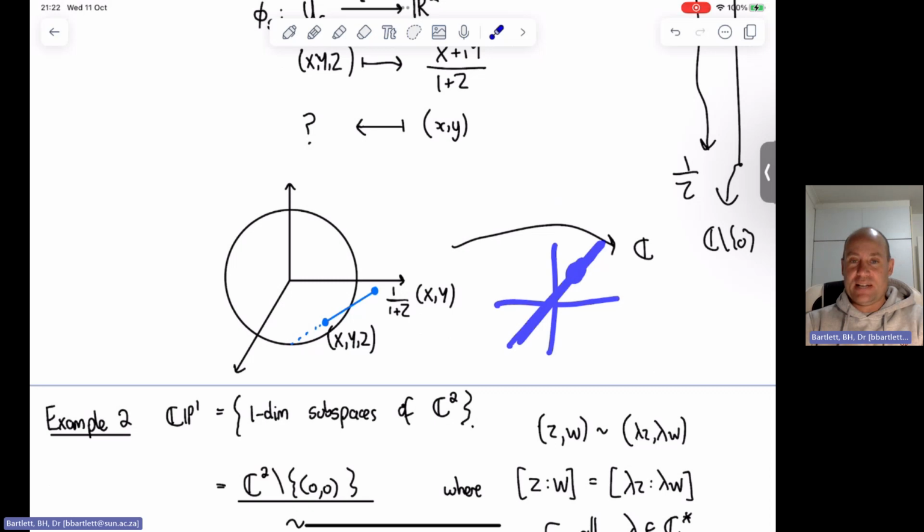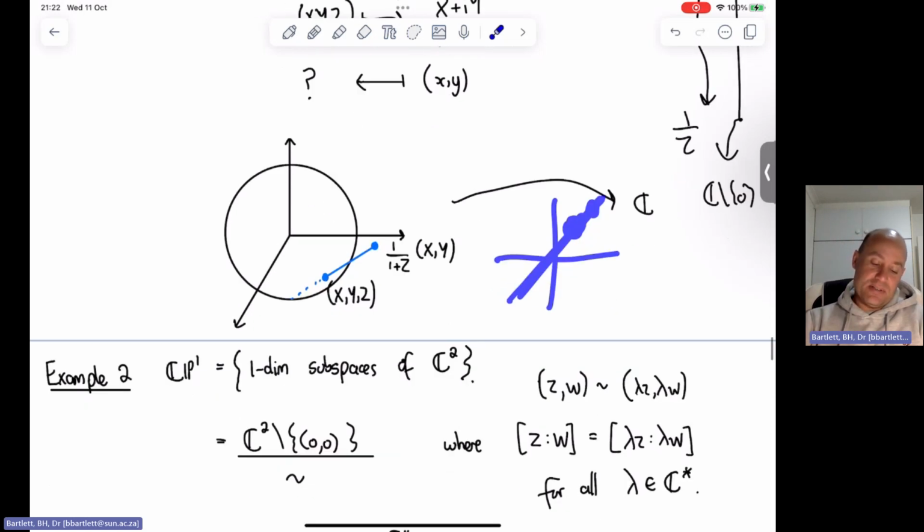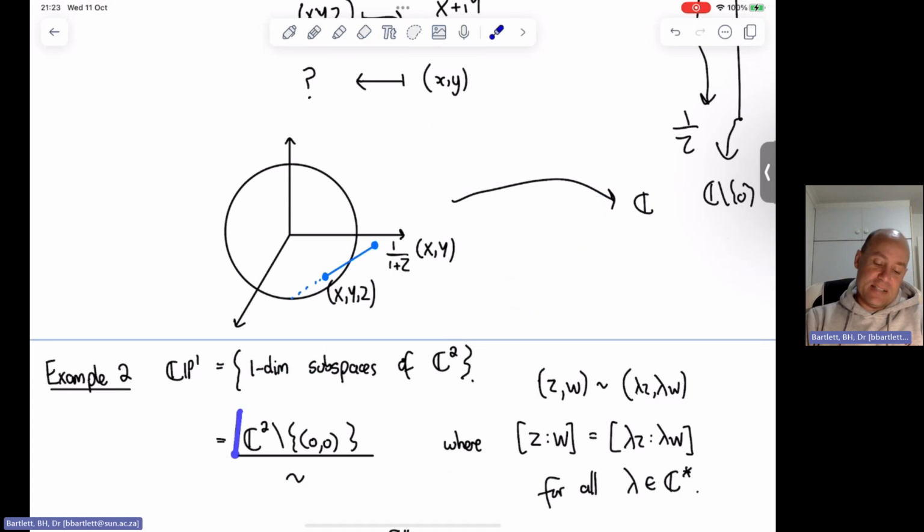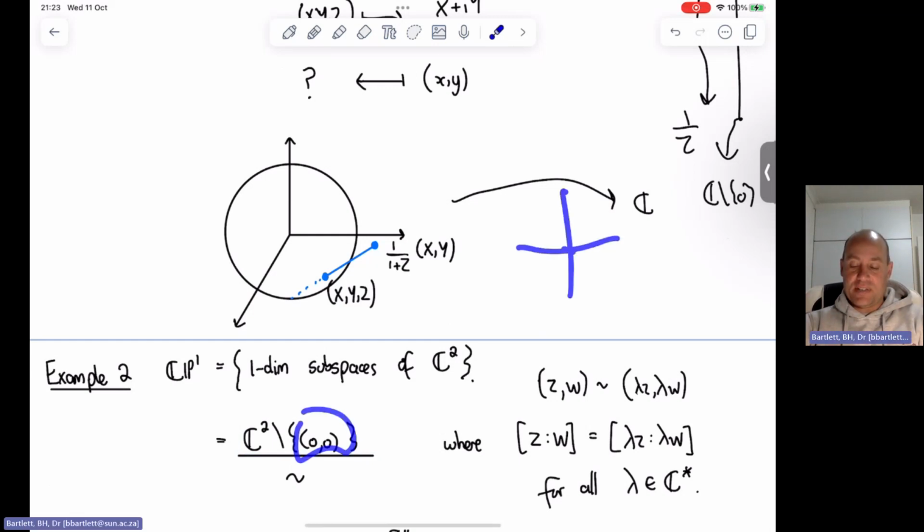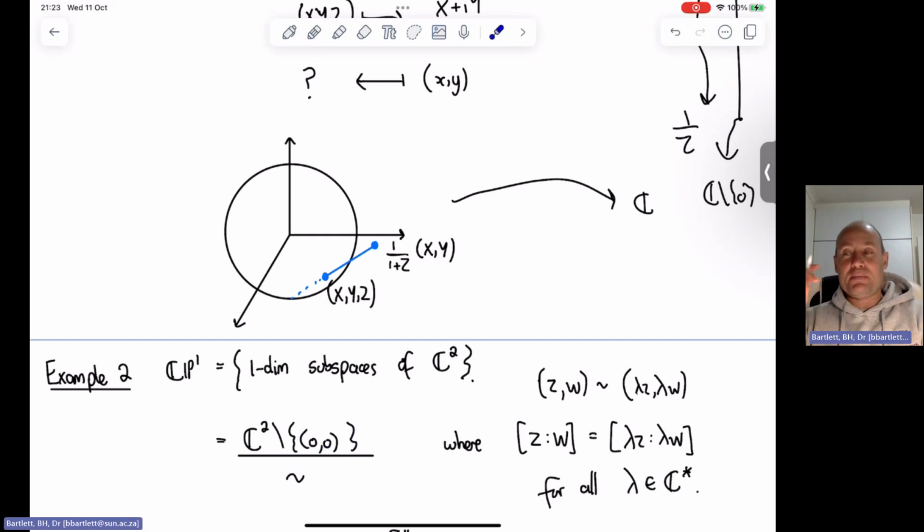So the point on the line specifies that line, but a similar point that's been scaled by a non-zero complex number specifies the same line. So if I want to talk just about the lines, then I have to talk about pairs of points, subtract away the origin there because the origin is not going to give us a line, and then up to scalar multiplication by a non-zero complex number.